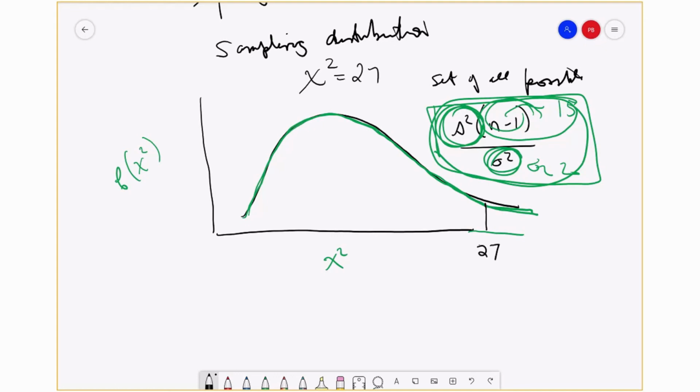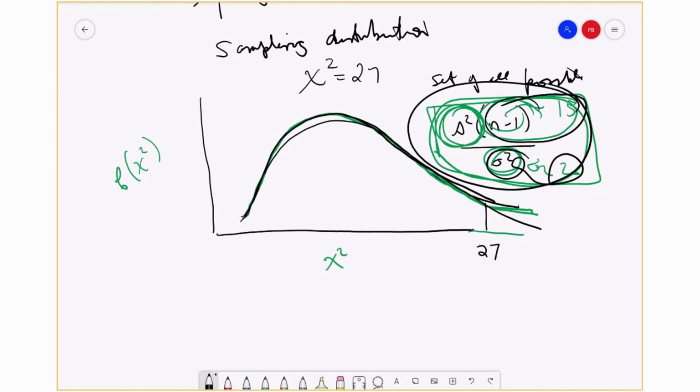So what does this mean? What this means is if we consider all possible values of this thing here, given that the population variance is equal to 20, given that sample size minus 1 is equal to 15, if we consider all possible samples, the probability of getting a particular sample with a value of 27 is actually quite low.